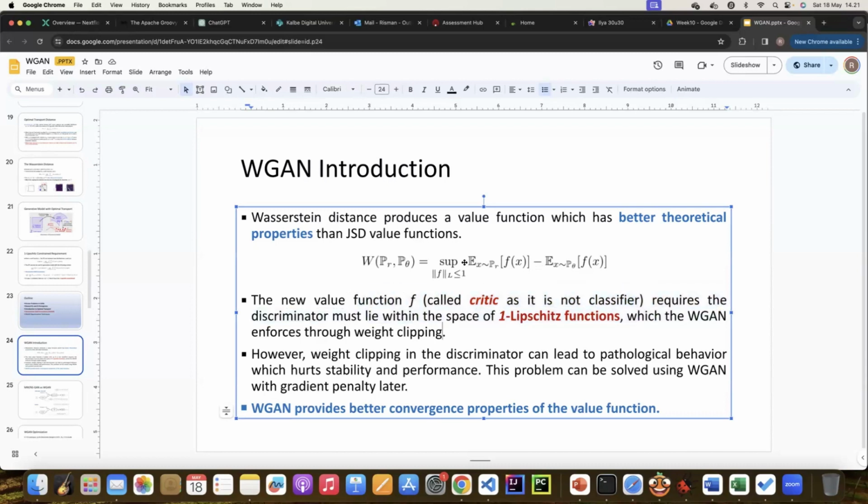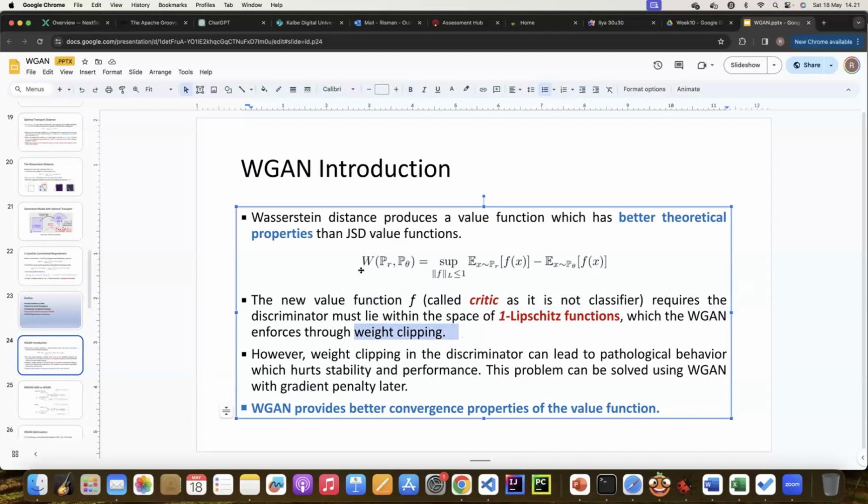This critic function is represented by a neural network, and this neural network has to satisfy the Lipschitz constraint. Many methods are still used until now to make sure that the discriminator satisfies the Lipschitz constraint. The original Wasserstein GAN just used simple weight clipping in the algorithm.